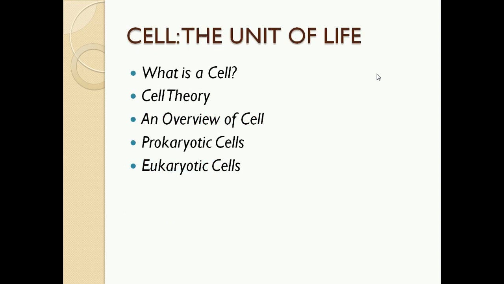So what are we going to cover in Chapter 8, the cell, the unit of life? Basically we are going to discuss the cell: what is a cell, how we can define a cell, and the basic aspects regarding cells. Then we are going to talk about the cell theory, then an overview of a cell.